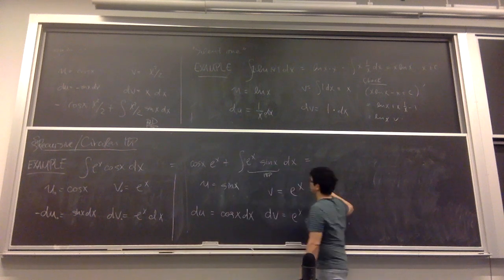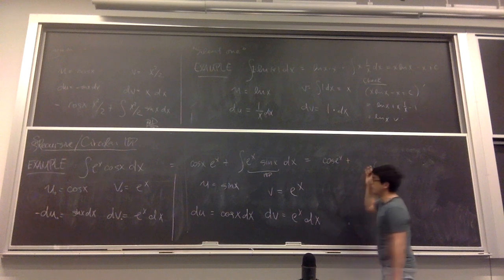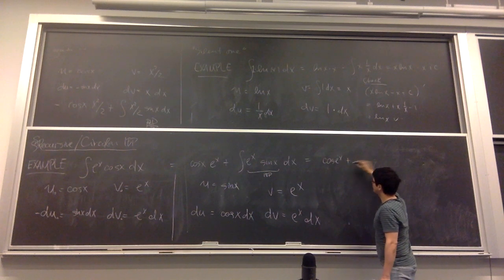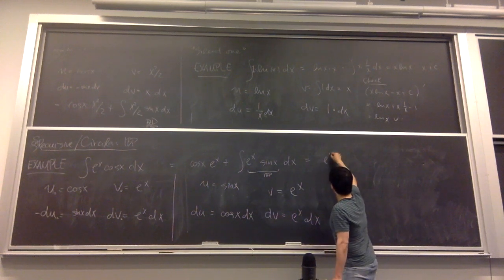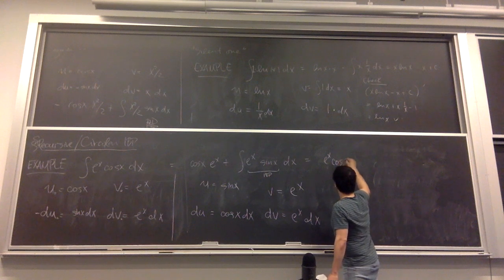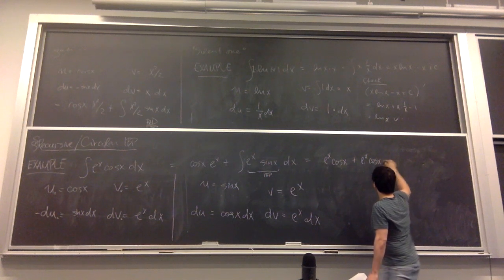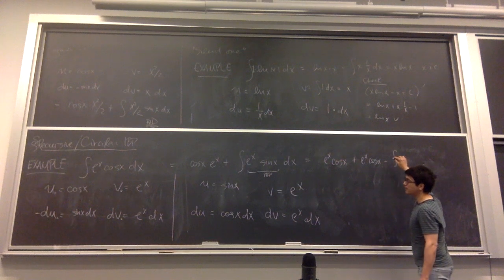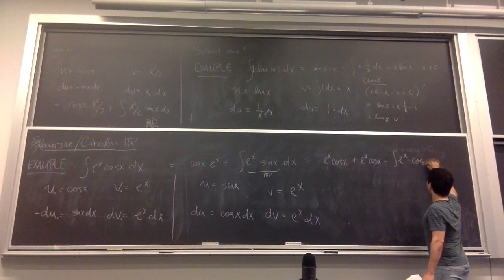That means I can rewrite this as cos x e^x plus, now I'm going to perform integration by parts, uv, whoops, that is not correct. e^x cos x plus uv, so that's e^x cos x minus the integral of v du. v is e^x, du is cos x dx.